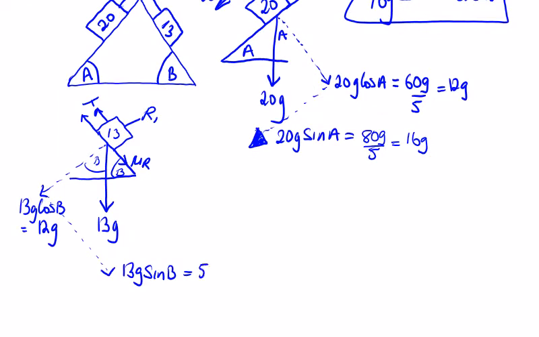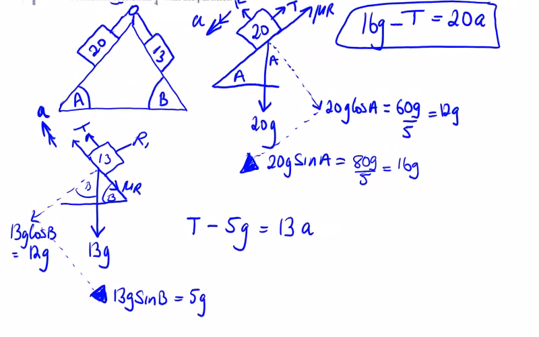So my equation, it's going in this direction, so we're going to say T minus, the only thing going down the slope is this 5G, is equal to ma, which is 13a.